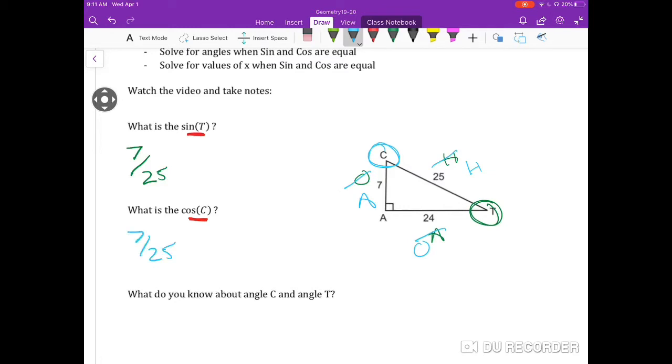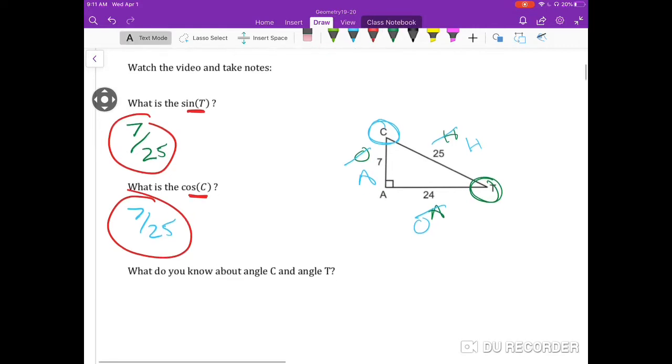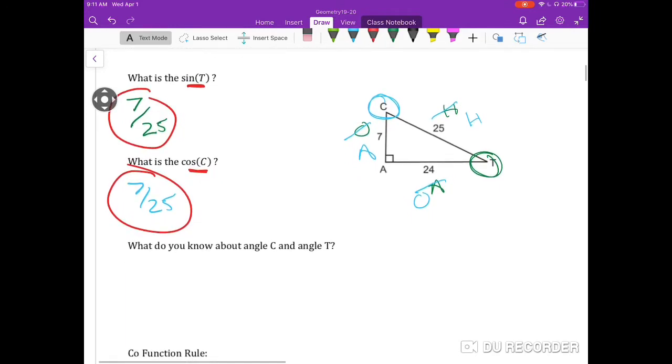Now, how come these come out to be the same, even though we're doing different functions? How come the sine and the cosine are the same? That is what the cofunction rule is really all about. So, why are they the same? Well, what do you know about angle C and angle T based off of this triangle?